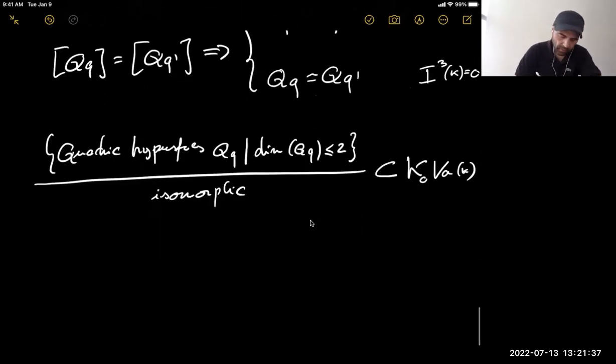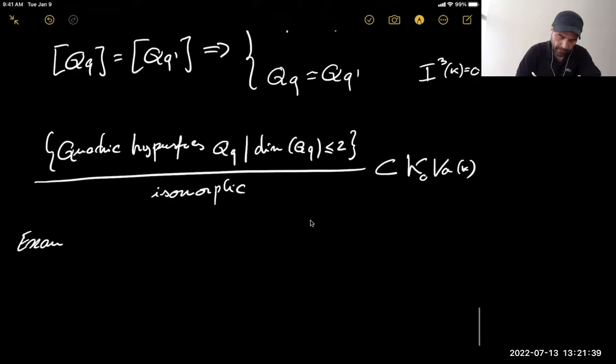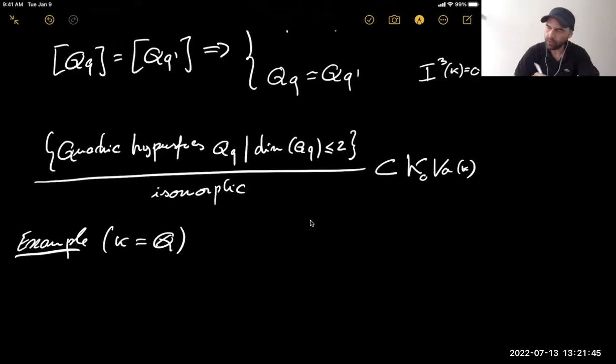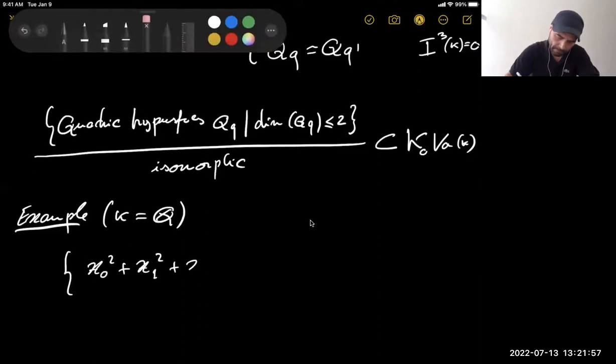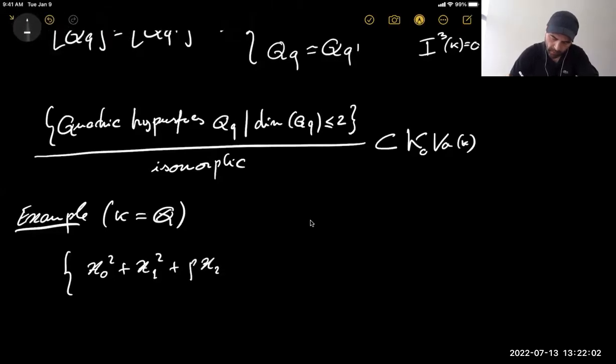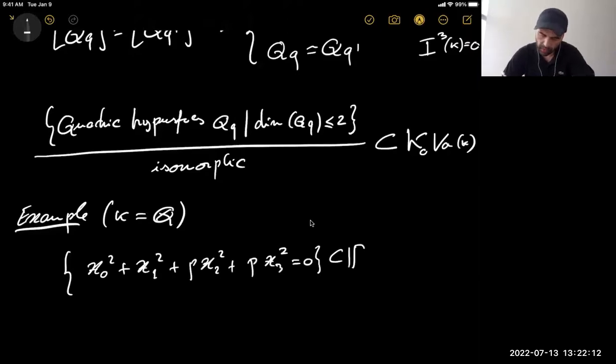So for example, maybe a simple example, let's say over the rationals, you can see, for example, this family of quadric hypersurfaces sitting inside of P3.